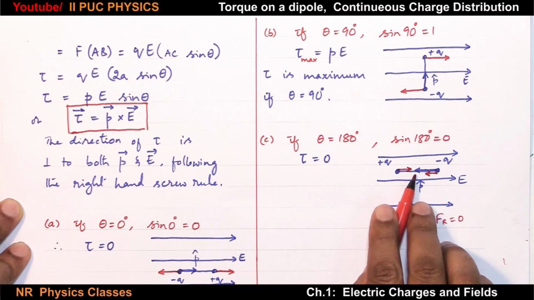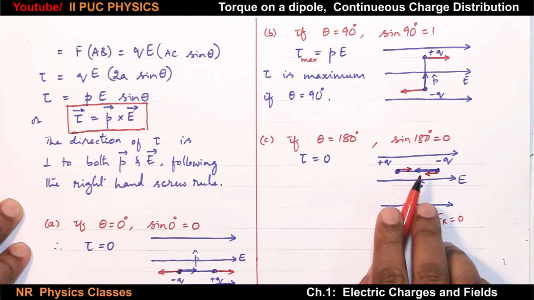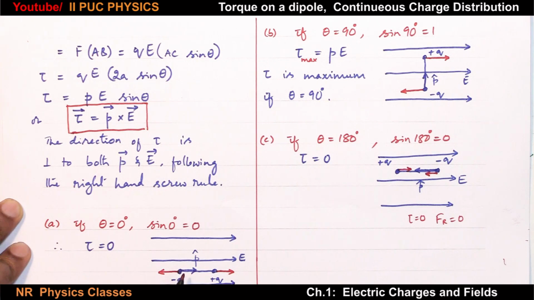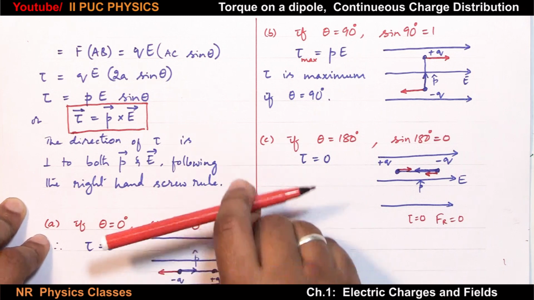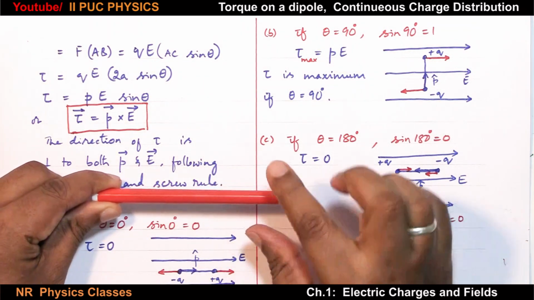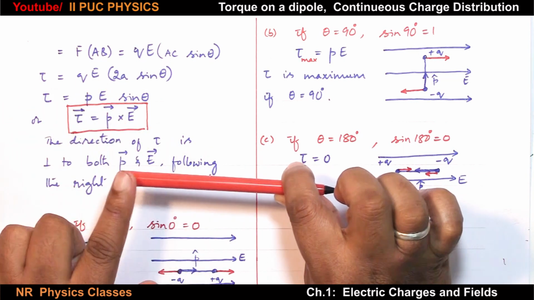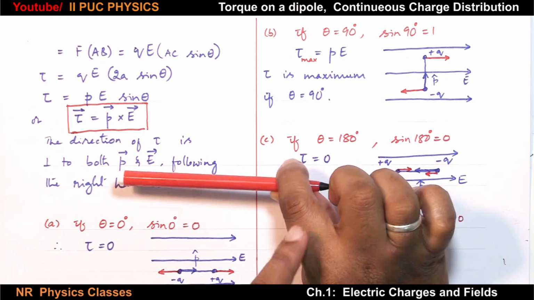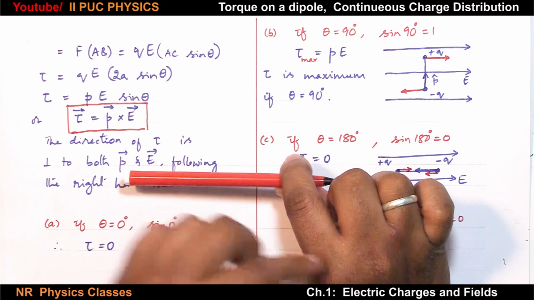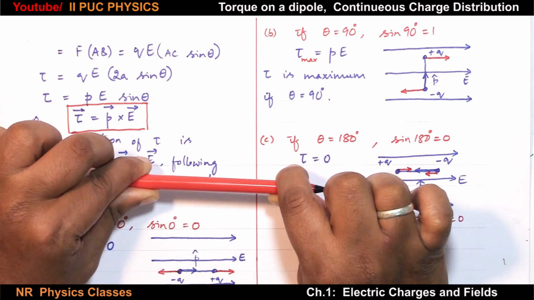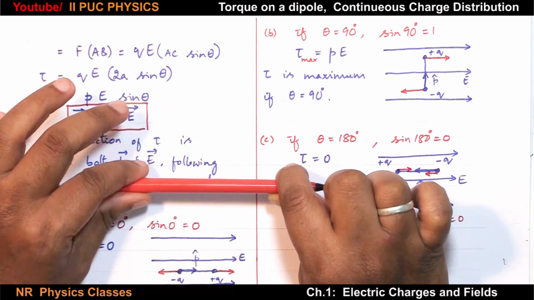So this configuration is said to be in unstable equilibrium, whereas this configuration is in stable equilibrium. Stable equilibrium means if this is the dipole, if pen is the dipole and two opposite forces. Let me pull this end of the pen in this direction, this end of the pen in this direction. If I pull the pen, no question of rotation, and the pen is stable.